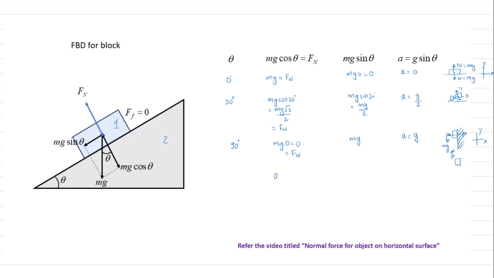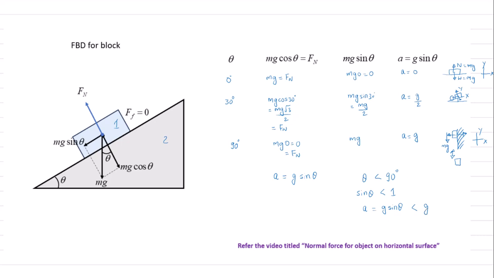Also, a general observation with reference to a equals g sine theta is that since theta will always be practically less than 90 degree, which means theta will be in the first quadrant, and we know that sine theta will therefore be always less than 1, which means that the acceleration, which is given by g sine theta, with sine theta being a value less than 1, will always be less than g.